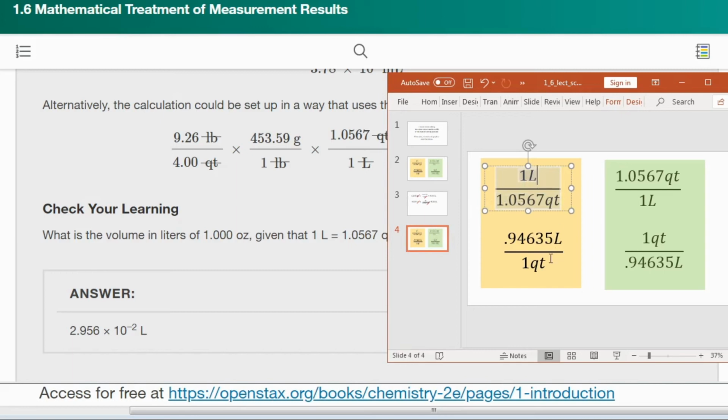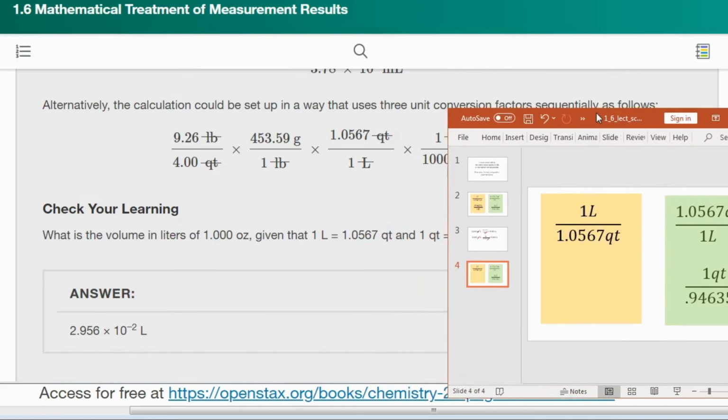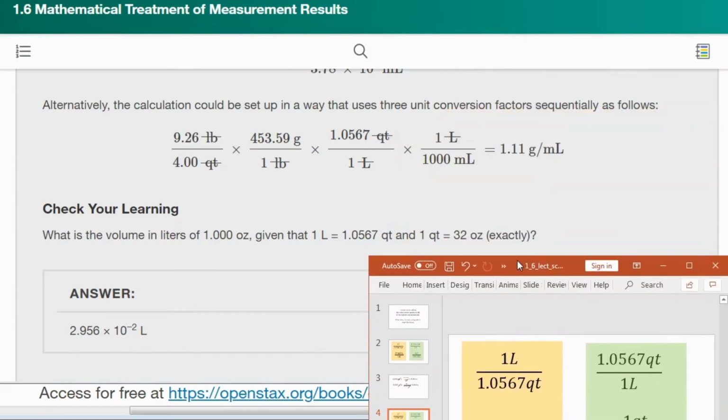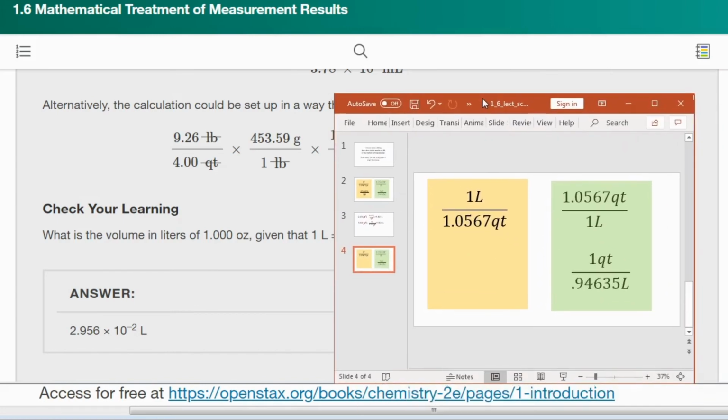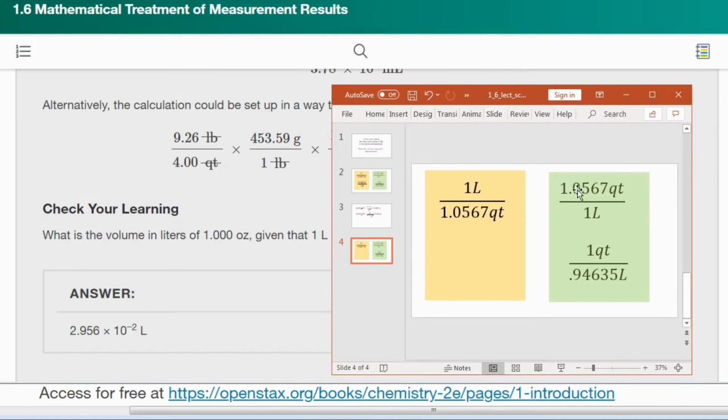We already have that, and I'm just going to delete this conversion factor. And 1 quart equals 32 ounces.